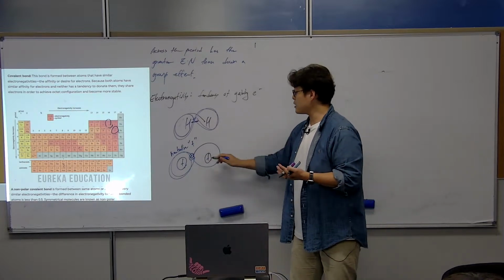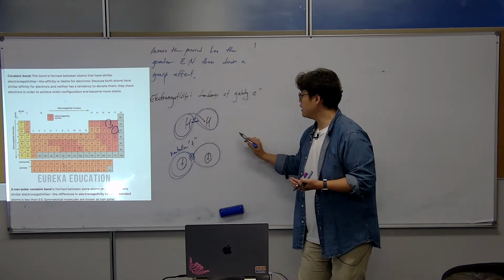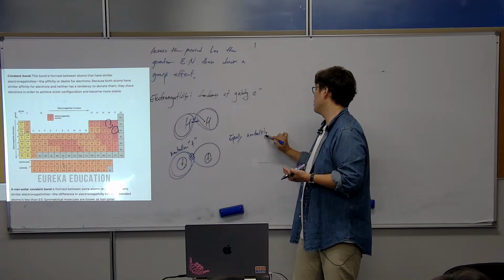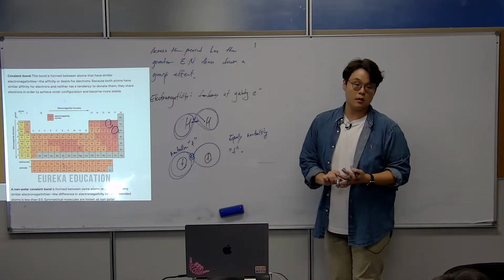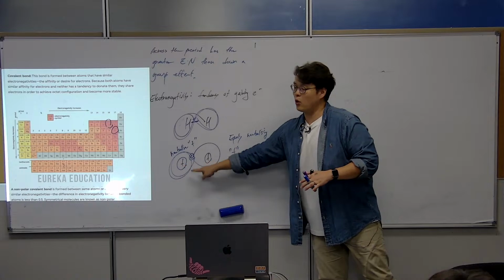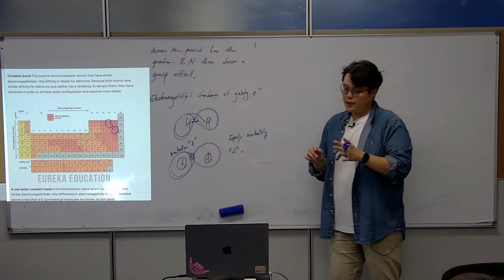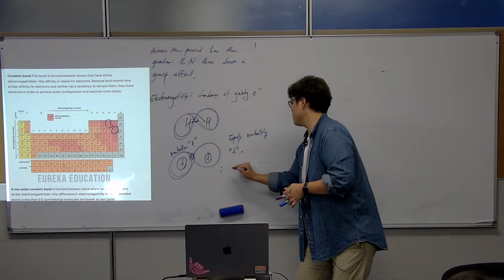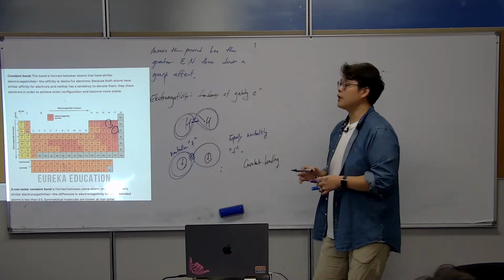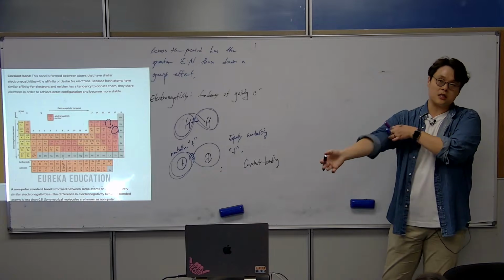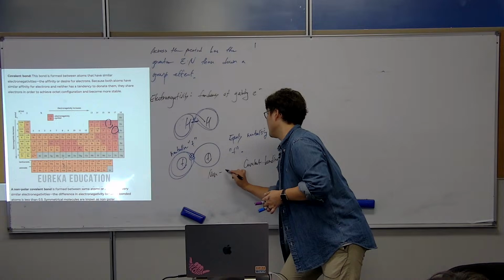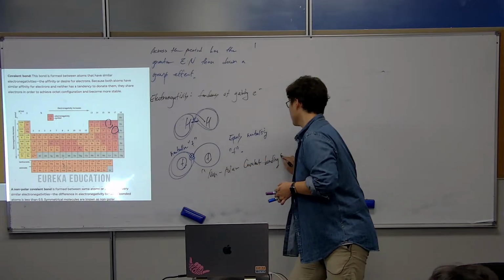So these electrons are equally neutralizing the positives. Does it make sense? This is what I mean, they're making the same orbit. I call this simply a covalent bond. But because they are equally sharing, equally neutralizing the positive charge, there's no charge whatsoever. This is called a non-polar covalent bond.